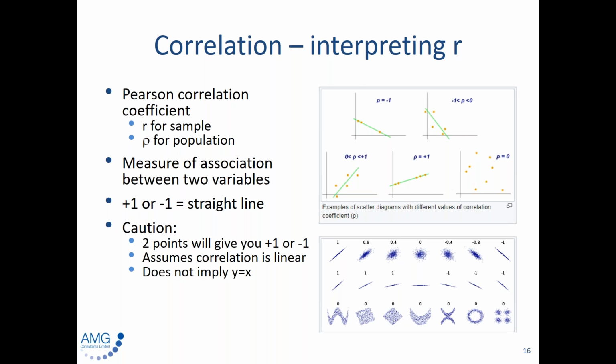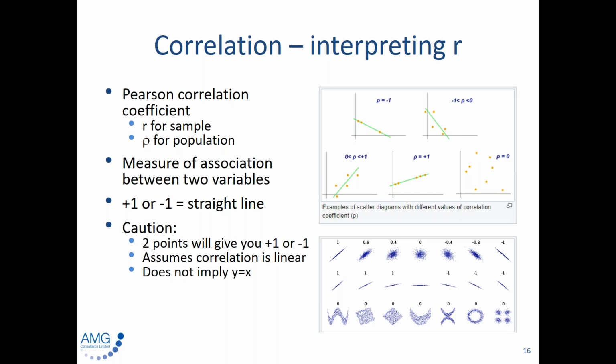A couple of words of caution. If you've got only 2 points, you will get +1 or -1, which might look good, but with 2 points it's probably not necessarily useful. It does assume that the underlying relationship between the two variables you're looking at is linear.